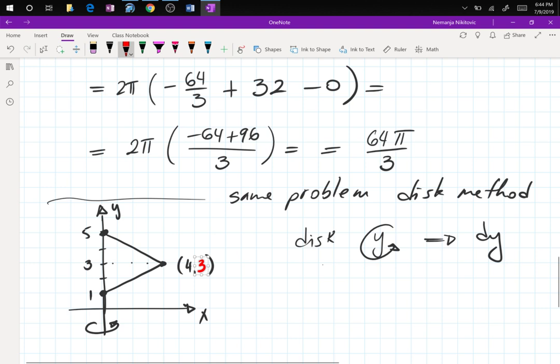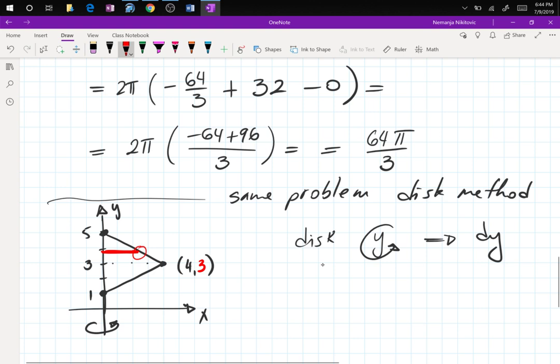If I draw a dy representative rectangle, what you immediately see is that the right-hand side of the representative rectangle doesn't ride the same function all the time. So how do we battle that when the function on one of the ends changes on you? Or both? It was the first problem of today, right?